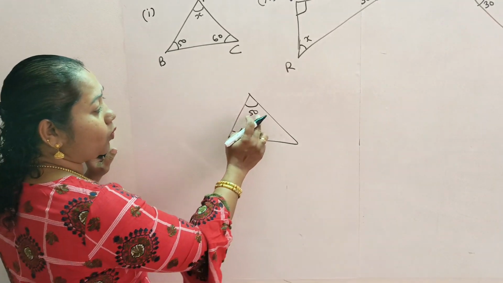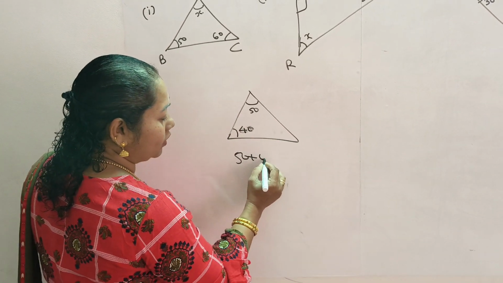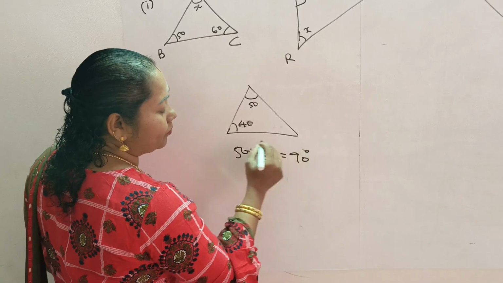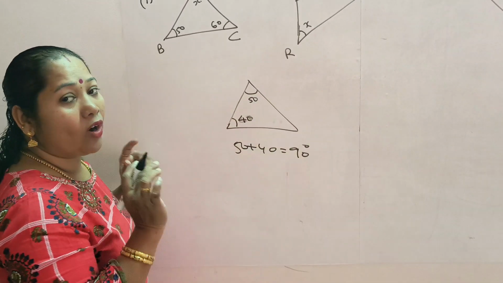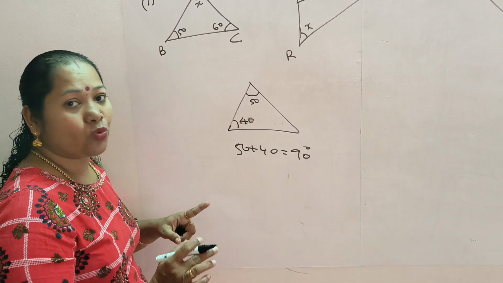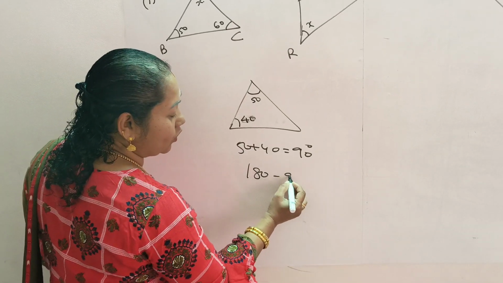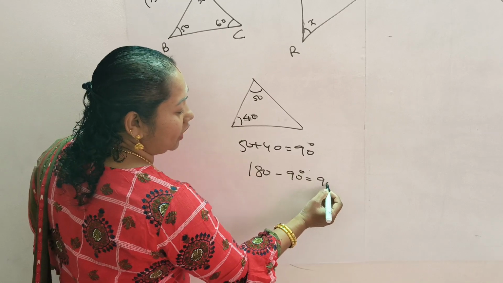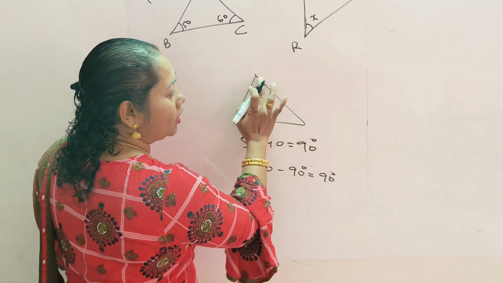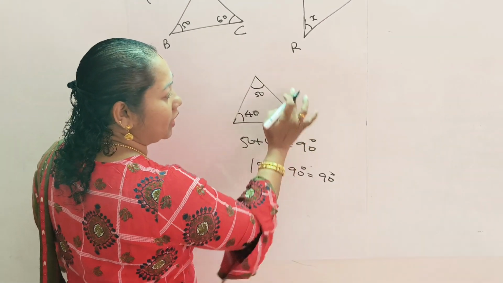If you know two angles, 50 and 40, that is equal to 90. And the total sum of all angles of a triangle is always equal to 180 degree. So for this one, we subtract 180 minus 90, that is 90 degree. This one will be 90 degree.